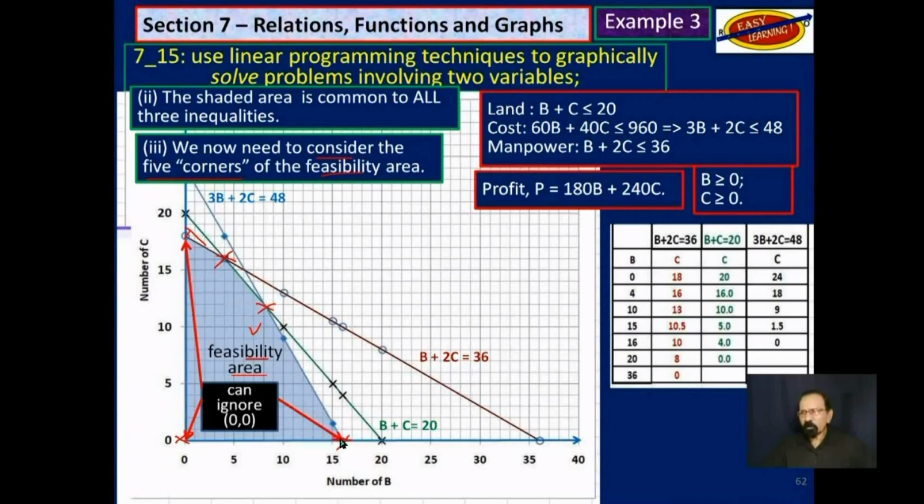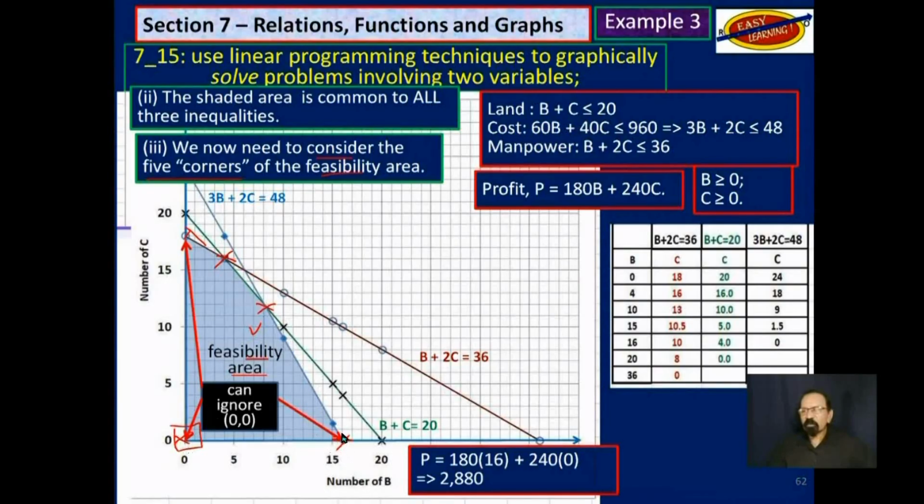If we consider this one, which is 0, 0, we can ignore that. You're not going to plant 0 hectares of corn and 0 hectares of barley. Ignore that. We can consider this one down here, 16 barley and no corn. Remember $180 profit there, $240 profit there, you will get a profit of $2,880.